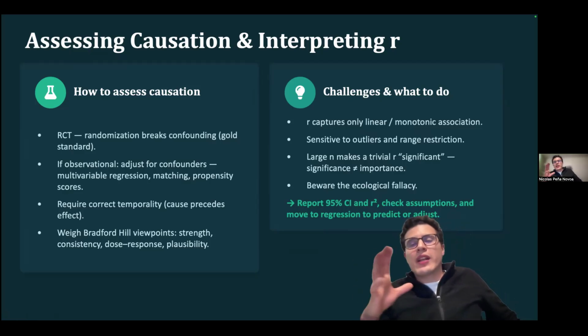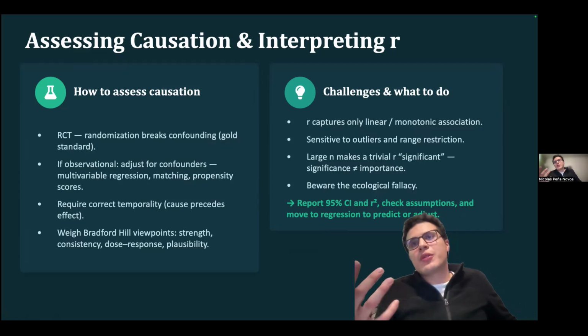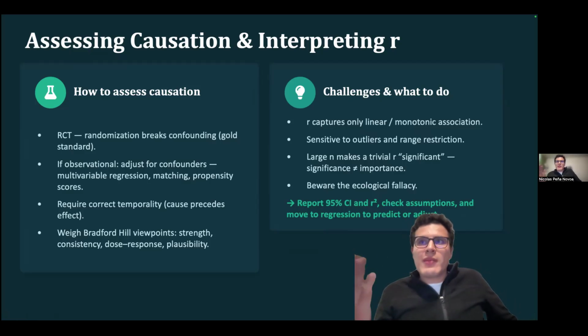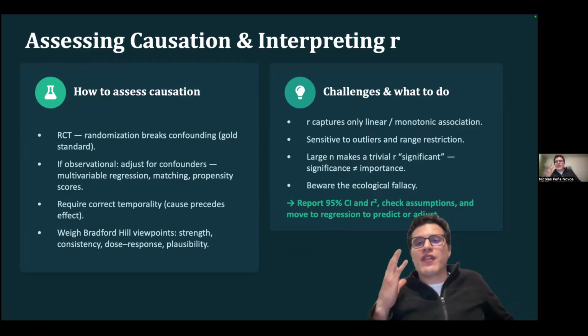When you have a large number of participants in your trial or study, it's possible that R will be significant, but you have to be critical about whether that significance has clinical importance.